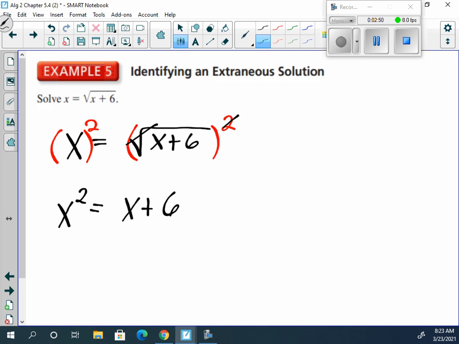Any questions on this here so far? Now, unlike yesterday, because yesterday everything we dealt with and solved for, the biggest exponent was 1. We didn't have any quadratics. Here we have a quadratic. We do have an x squared term, which means we have to get everything on the same side.